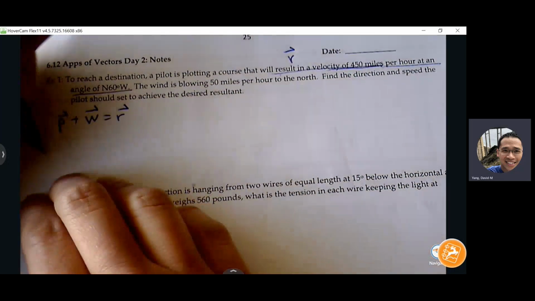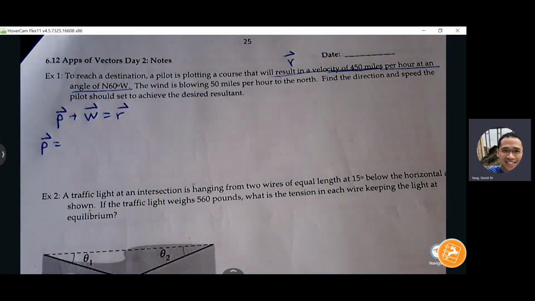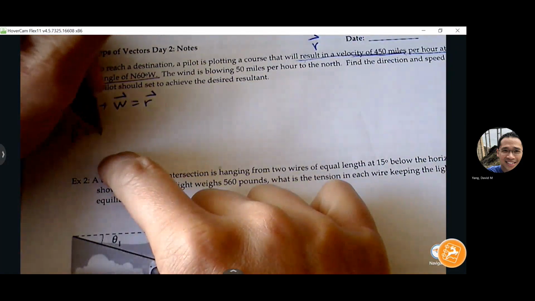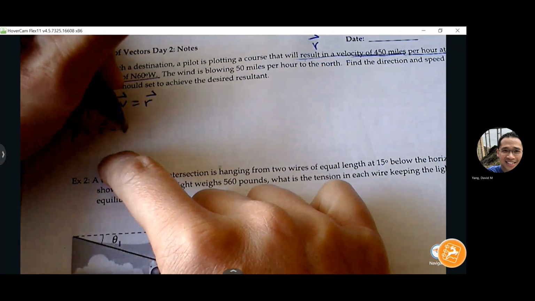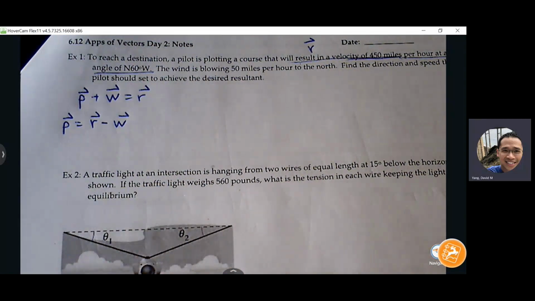So if I want to solve for vector P, that's equal to what? It's going to be my resulting vector minus the wind vector. Does that make sense?